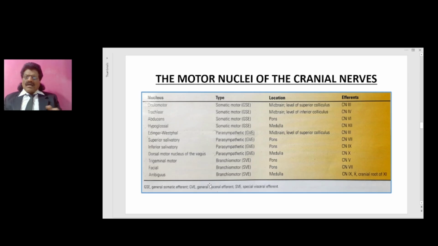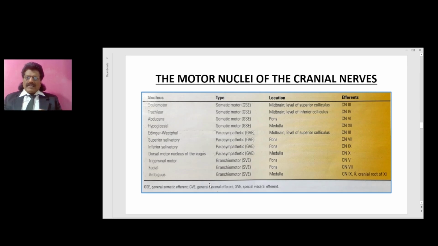So the motor nuclei of the cranial nerves, we have the oculomotor nerve, the somatic motor, general somatic efferent. It is at the level of the midbrain, superior level of superior colliculus. Trochlear nerve, which is the 4th cranial nerve, somatic motor, that is general somatic efferent, midbrain level of the inferior colliculus. Abducent nerve is the 6th cranial nerve.